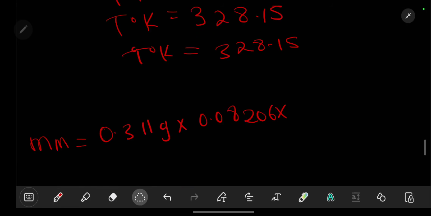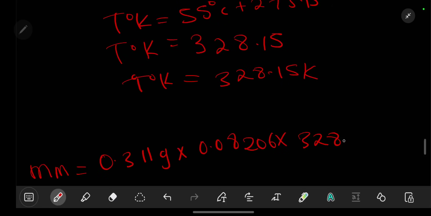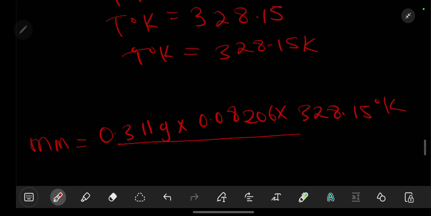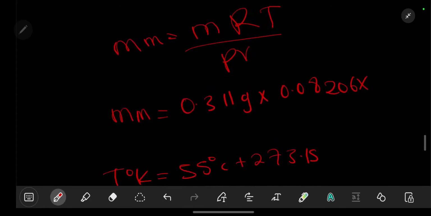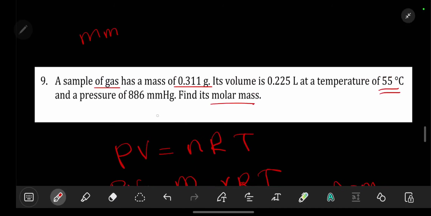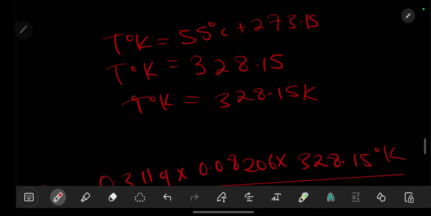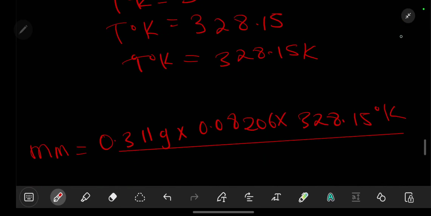So we replace that value: 328.15 kelvins, over our PV. For our pressure, we could have converted in advance.